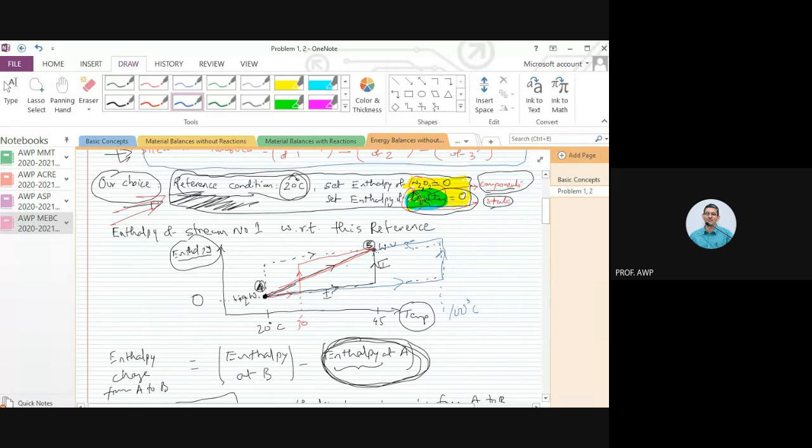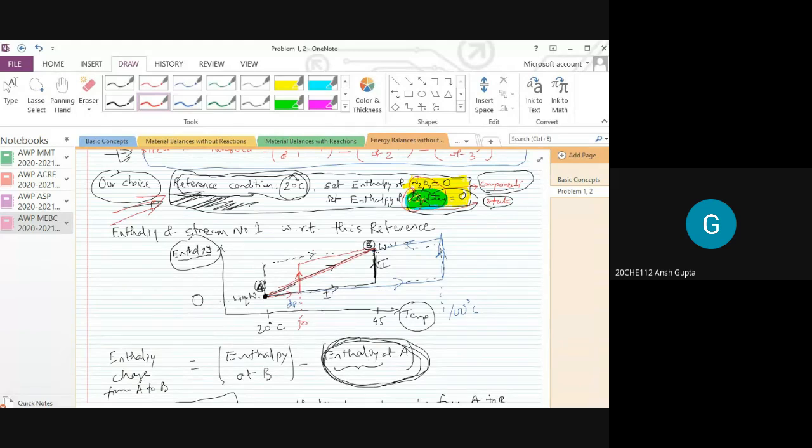If you are taking the black path, then you have to worry about lambda at 45, or if you take the dotted path, then you have to worry about lambda at 20, or if you take the blue path, then lambda at 100, or you take the dew point path. Let's say the dew point is 30 degrees centigrade, then you take the lambda at 30 degrees centigrade. It is your path that you have to worry about.